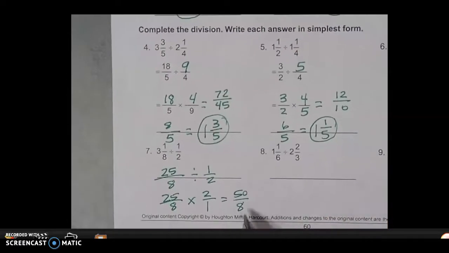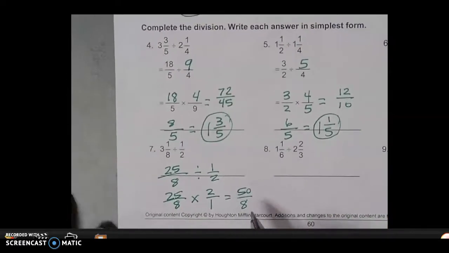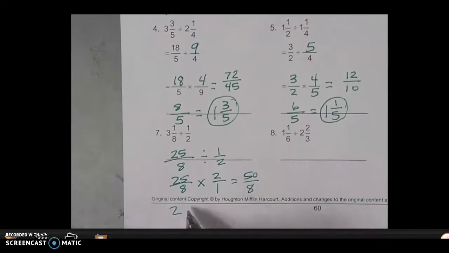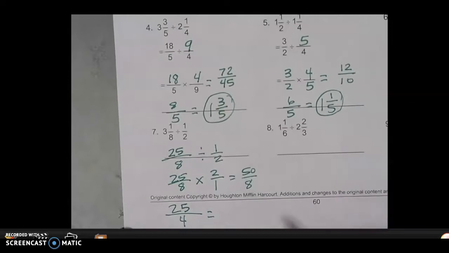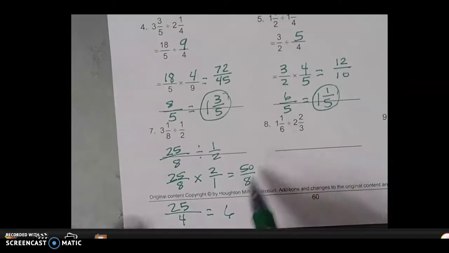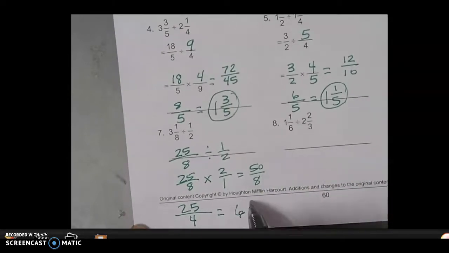Now I can divide both of these by 2 because they are even numbers. So 50 divided by 2 is 25. And then I have 8 divided by 2, which is 4. Rewrite it now as a mixed number, which is 6 1/4. Final answer.